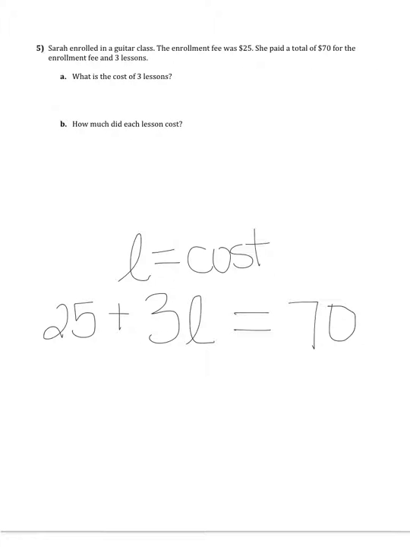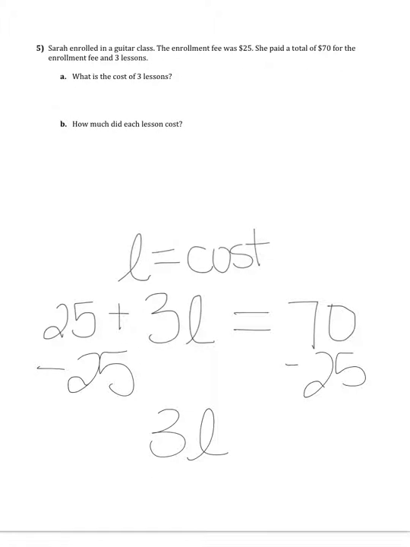If she just wants to know what she paid in total for the 3 lessons, like problem A states, what is the cost of 3 lessons, all she would have to do is subtract 25 from each side. So the 3 lessons would equal $45. In total, the 3 lessons cost her $45.